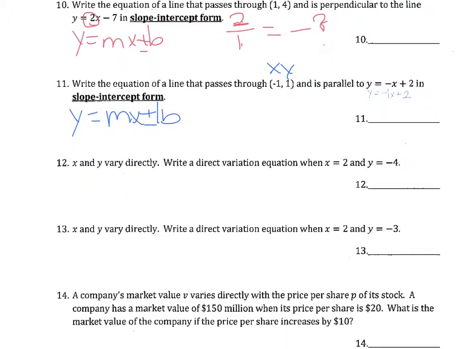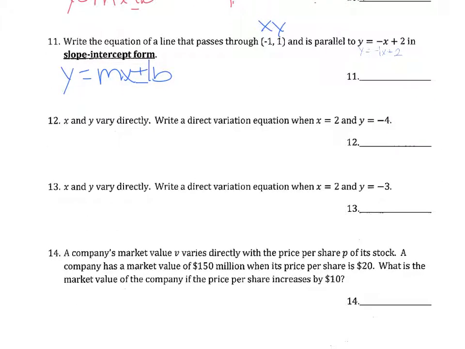Now looking at 12 and 13, we're talking about direct variation. Now remember, your base equation for direct variation is y equals kx. So if they're telling us that x varies directly with y, just plug these two in over here and solve for k. So first step is solve for k.